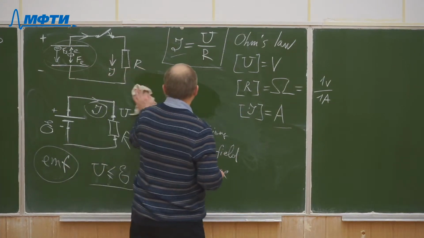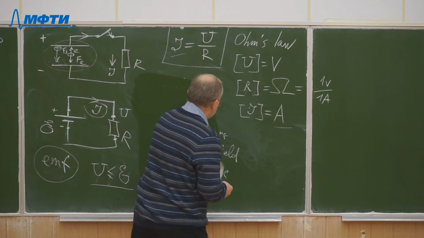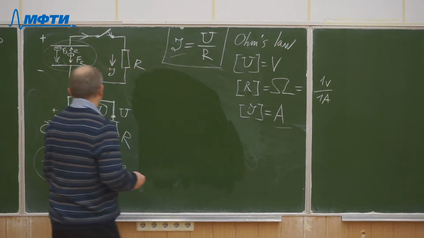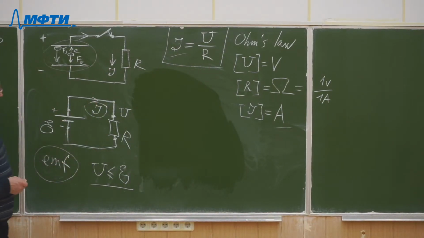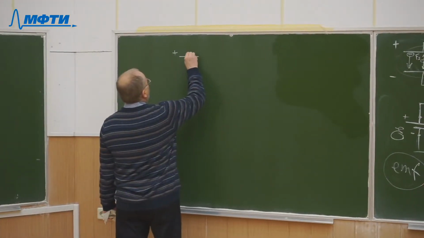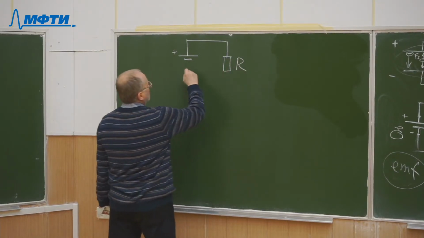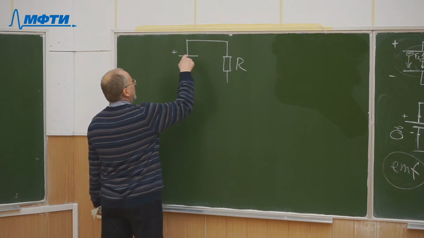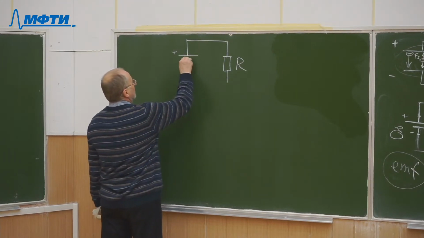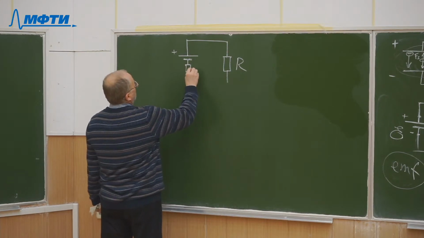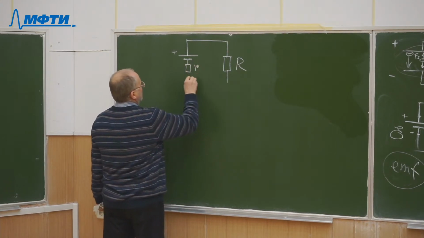So the next thing which is important to discuss is exactly the internal resistance of a battery, of a voltage source. So let's consider this situation when we have some external voltage source and there is an internal resistance of this battery, which I will denote as small r.